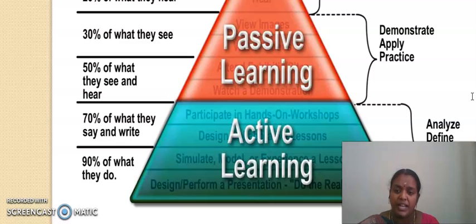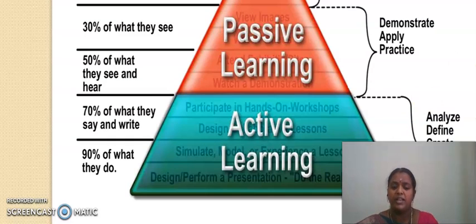And 50% of the content you can see and hear. 70% if you are saying and writing, you can keep that content in your mind, and 90% of the content will be in your mind only if you do it. So active learning will be effective. That is what we are always trying to say. If you are seeing or hearing, very little of the content will stay in your mind. Only if you do it, it will stay in your mind for a long time, and it will help you for better understanding also.